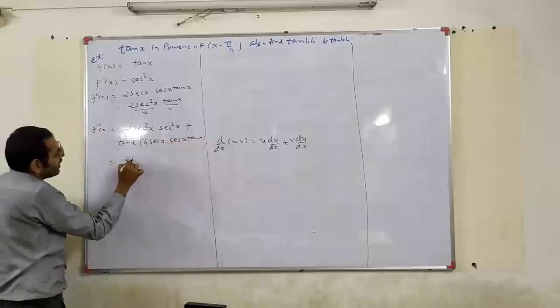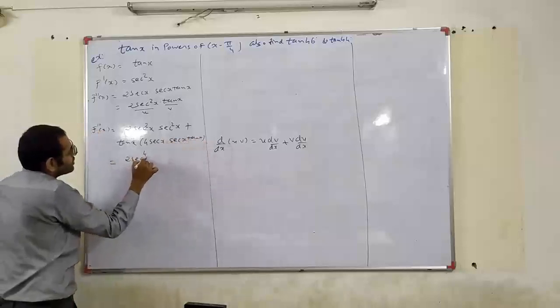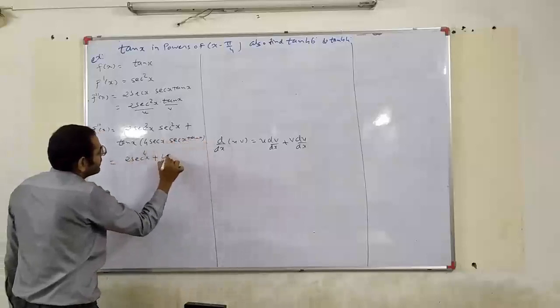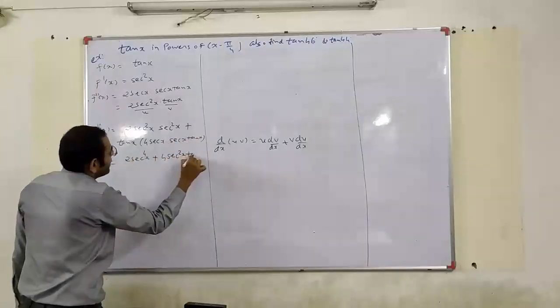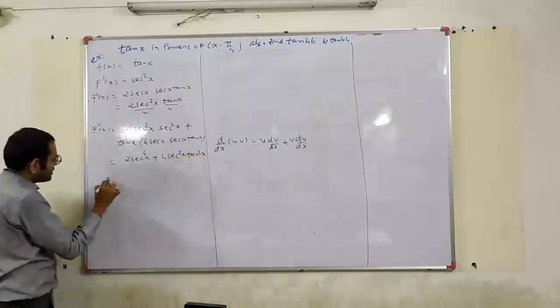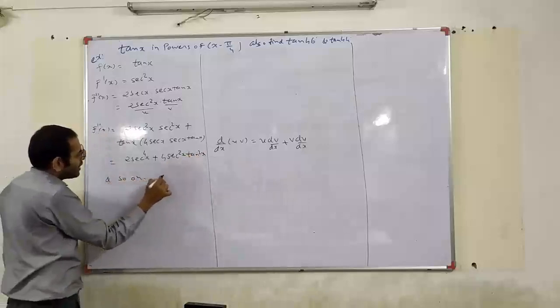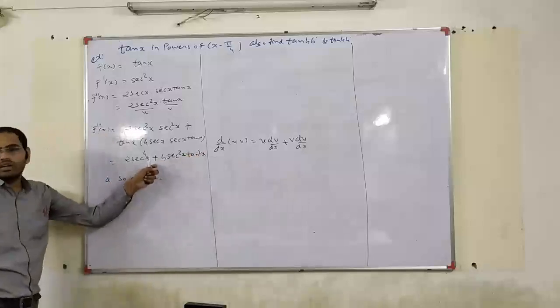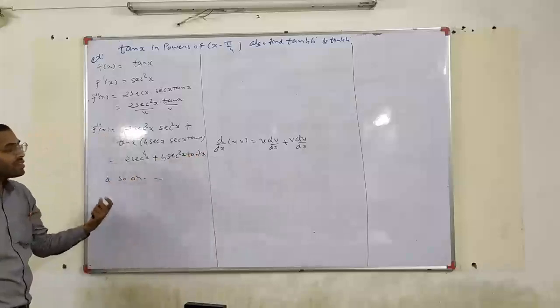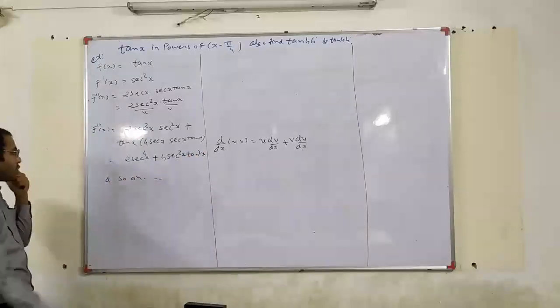Then we have sec raised to 4 x plus 4 sec square x into tan square x, and so on. Similarly, we will find up to the 4th derivative, 5th derivative, and so on.